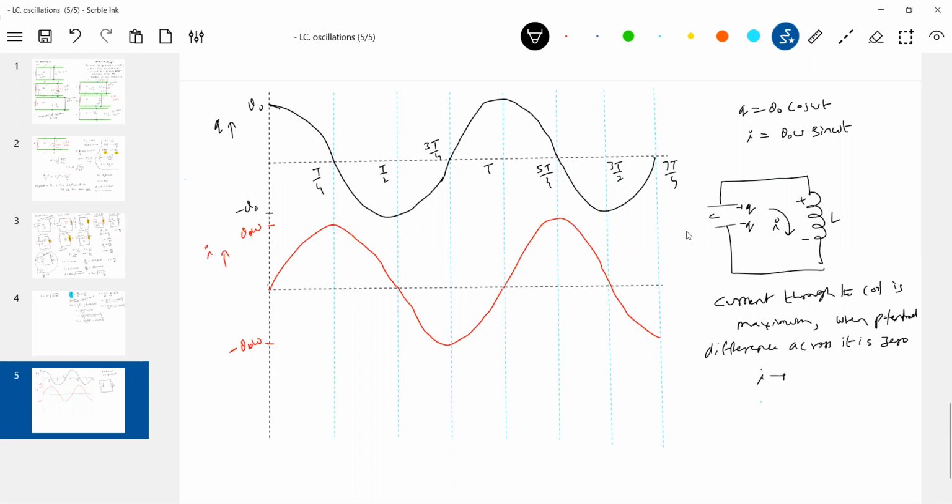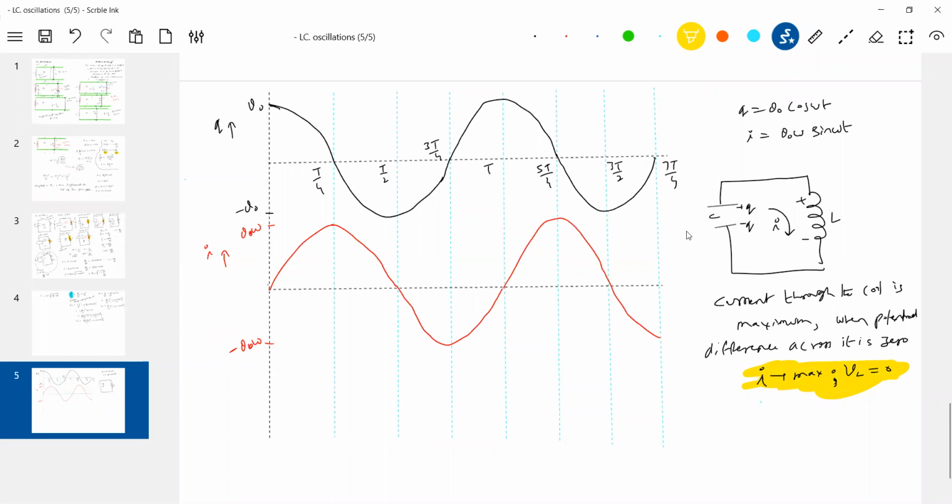So I'll just put I will be maximum when VL is 0. And don't generalize VC 0, because I may have some problem where the potential difference across the capacitor will be non-zero also. But this is the generalized thing, which I'm going to take help of.